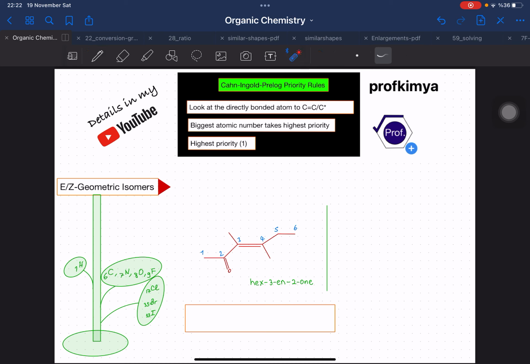At the 3 position and 4th position, there is a methyl group. So I have to add this 3,4-dimethyl.